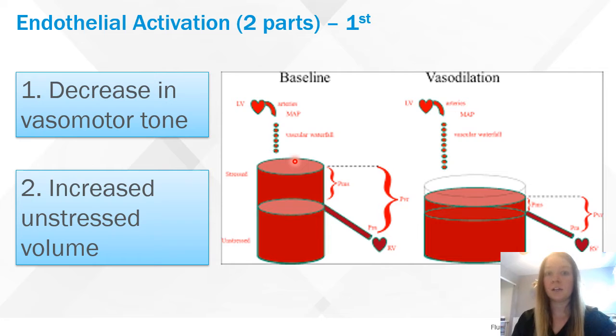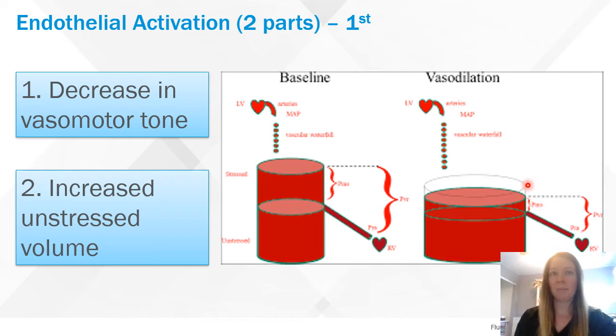However, when vasodilation occurs, which you can see in this picture, and you have a decrease in vasomotor tone, essentially we have the same amount of blood, but it's in a different shape now. This change makes the unstressed volume larger, which means we have less volume contributing to blood flow.